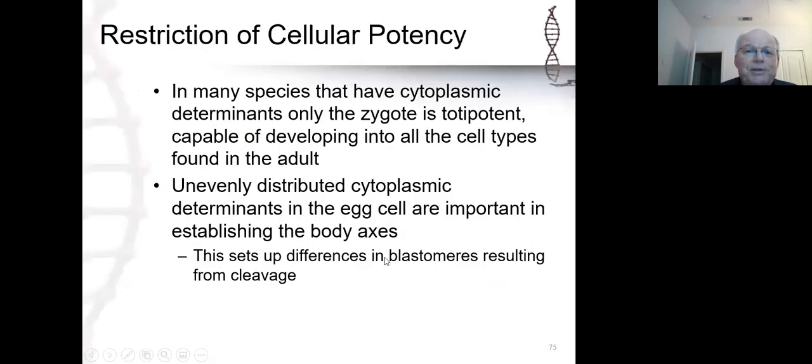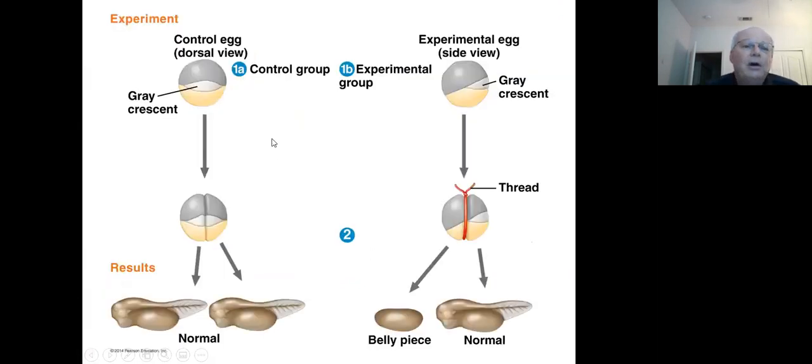Well, what Spemann did was manipulate this. So again, we have an egg cell that has been fertilized. We've got the gray crescent. We get the first cleavage plane, again, vertical, animal to vegetal. What Spemann then did was tease these two blastomeres apart.